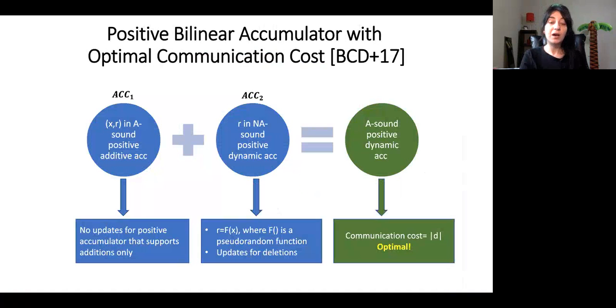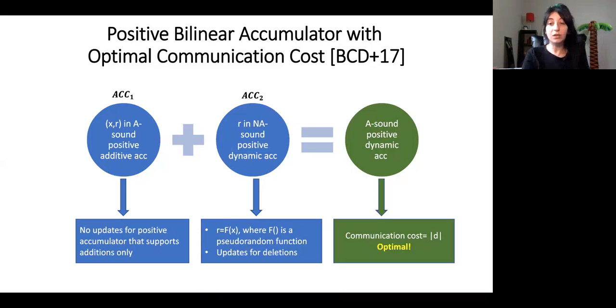So we use this result by Baldimtsi et al. that describes a modular construction for a positive accumulator by combining accumulators with different security properties. It works like this. The manager adds X, R in an adaptively sound positive additive accumulator.